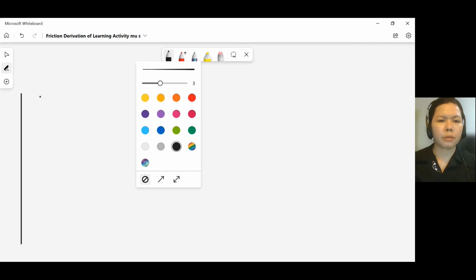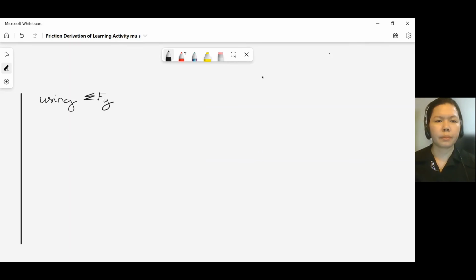Getting the expression of Fn using the summation of Fy, we have Fn minus Fgy equals 0.